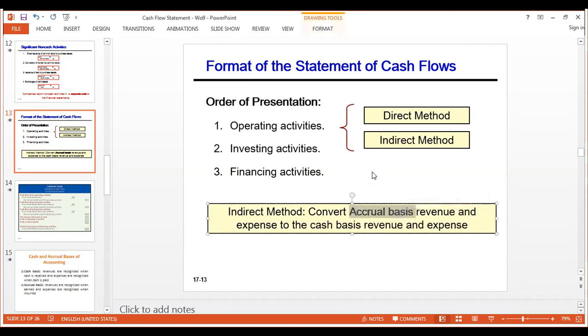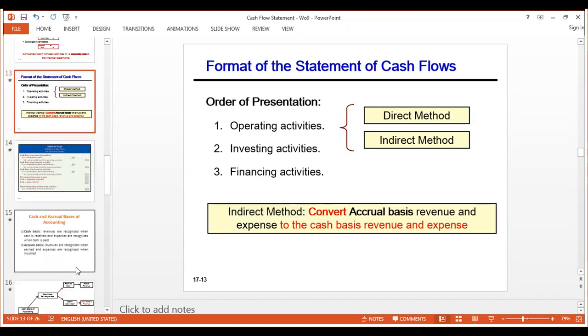But when we are going to prepare the cash flow statement, we have to convert accrual basis of accounting to cash basis of revenue and expense. This is called indirect method. Indirect method said that we have income statement and balance sheet prepared on accrual basis, but as we are preparing the cash flow statement, we have to convert accrual basis to the cash basis.